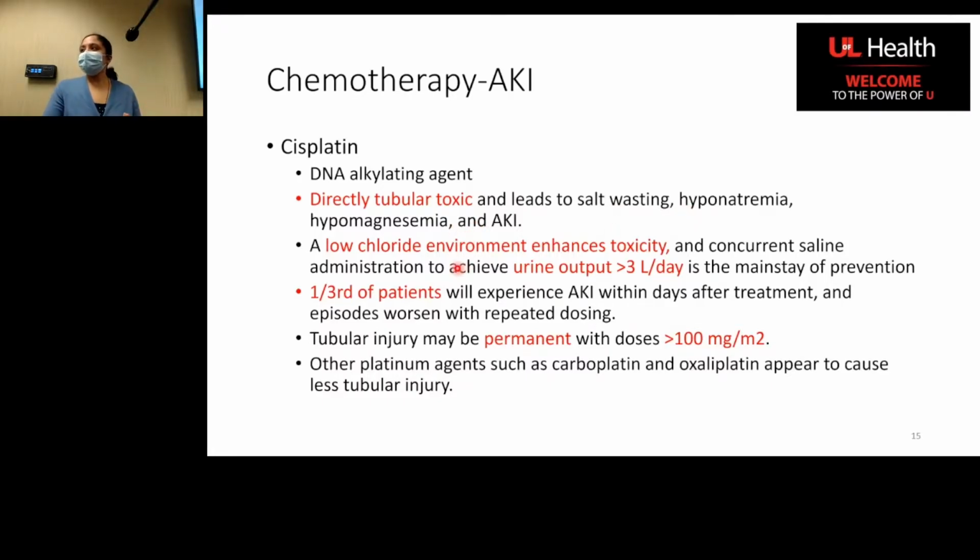One of the things that has been known from before is that a low chloride environment enhances the toxicity. So usually this already is something oncologists do, give them a lot of normal saline with the infusion. One third of the patients can still develop AKI, and it worsens with repeated dosing.